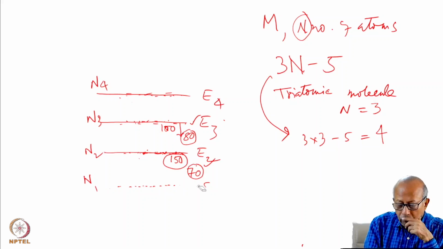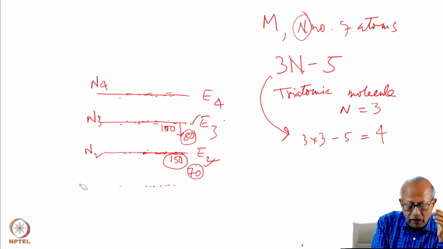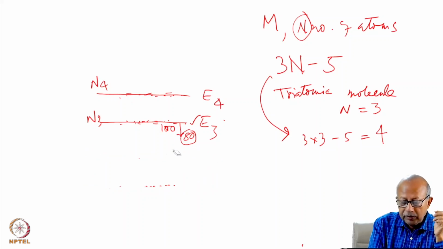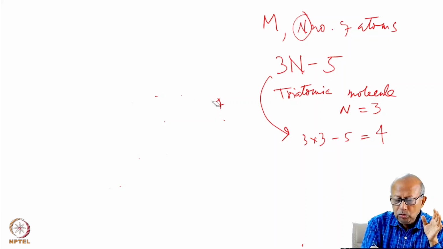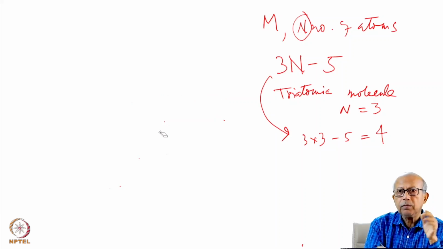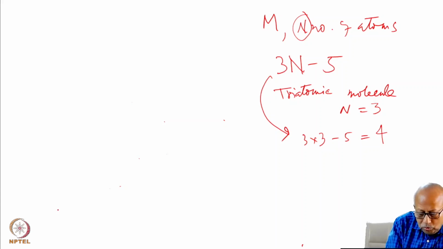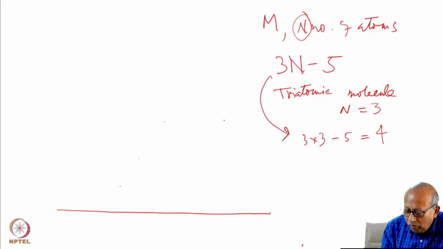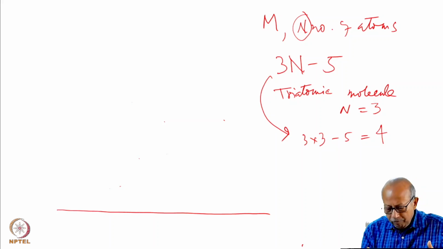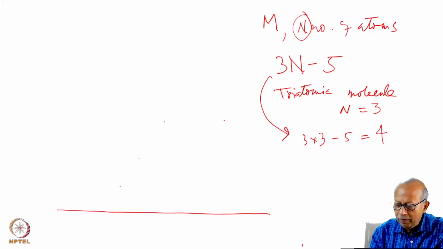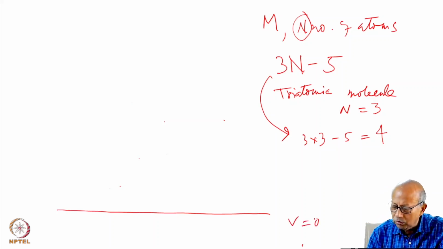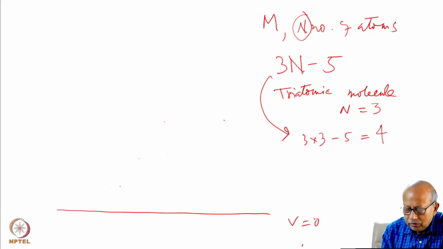Now, to simplify our understanding, we consider just 2 modes of vibration, which are represented by these 2 ladders. This is the ground vibration, which will have 0 energy for both these modes of vibration. So I call it V equal to 0, that is, the ground mode.